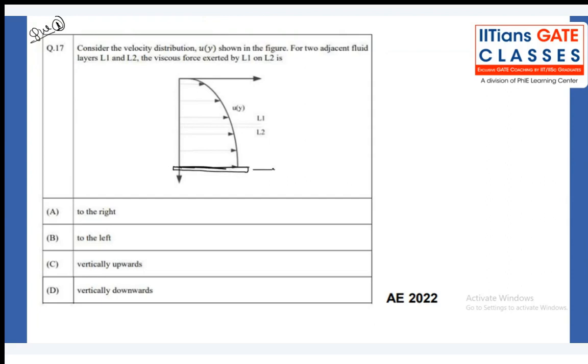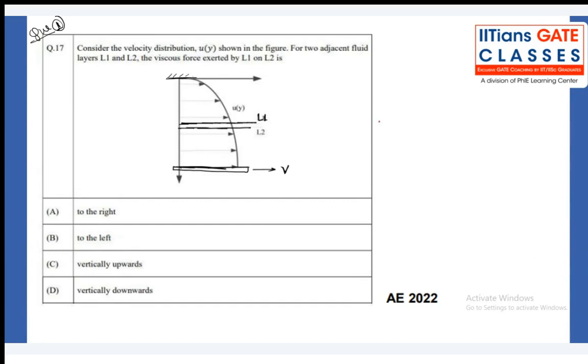In this scenario, there may be a lower plate which moves with velocity v, and the upper plate is fixed, and we have two fluid layers at a distance. Suppose this is fluid layer L1 and this is fluid layer L2.